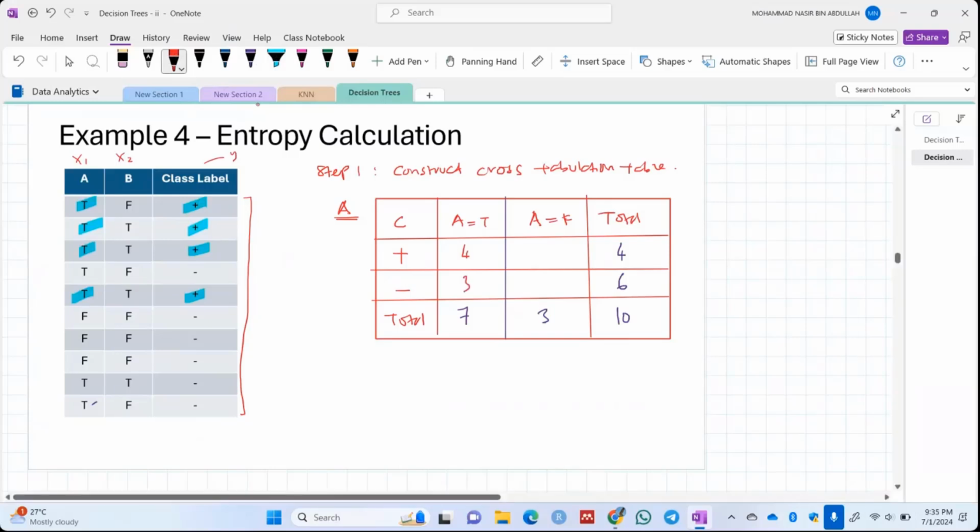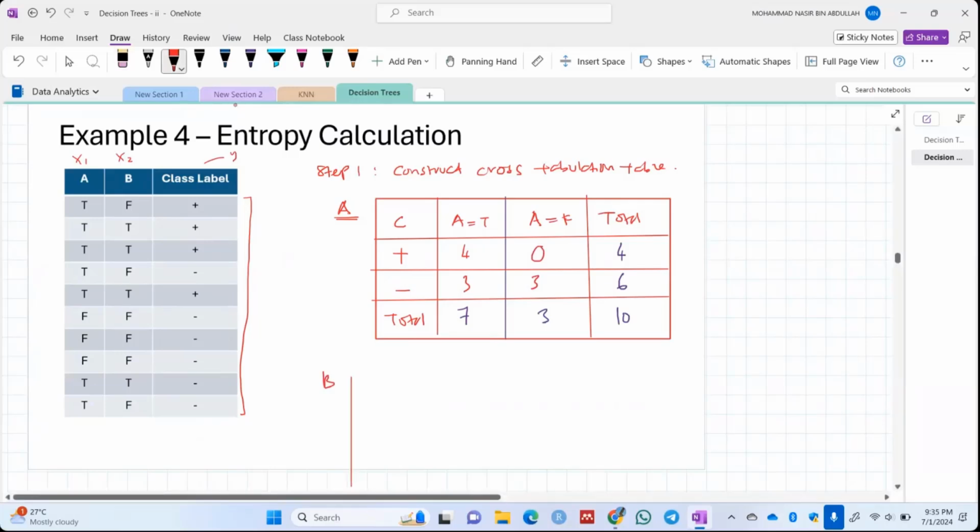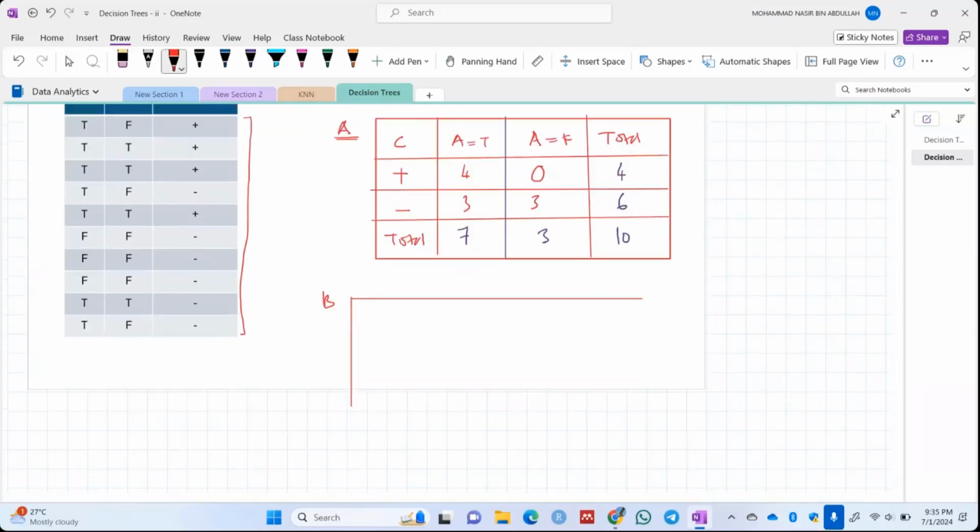And the balance is 3 for A equal to true and class negative. A equal to false and class positive, we don't have any, so it's equal to 0. A equal to false and class negative, all 3 values. So this is for A. Then you need to compute for B. Do the same thing, construct a cross tabulation table for B.